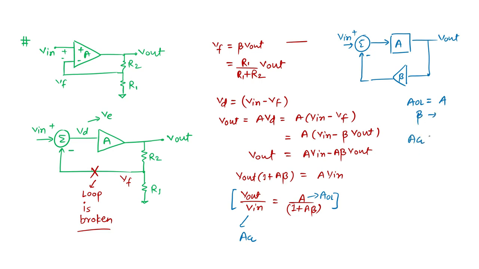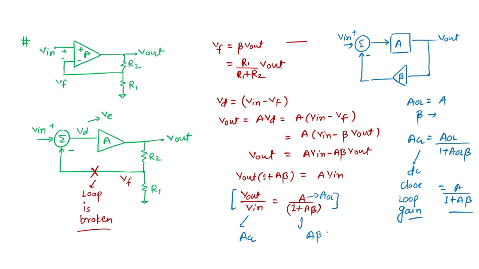So when we write the closed loop gain, we write AOL divided by 1 plus AOL beta. This is the DC closed loop gain. Here I can write A divided by 1 plus A beta, and I am getting that here also. In this case, if I consider that A beta is much greater than 1, A beta is also called the loop gain, the DC loop gain. This thing I have discussed many times in previous videos.